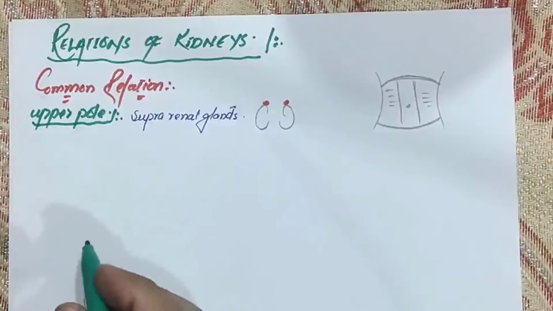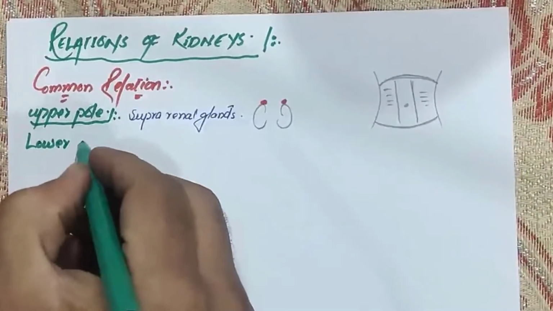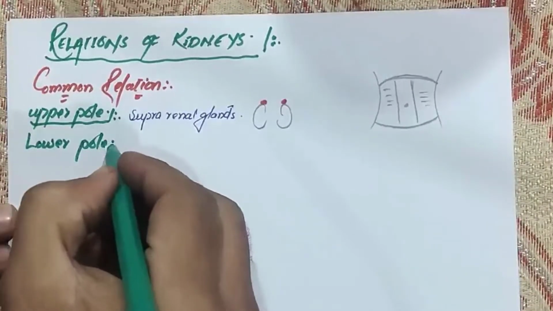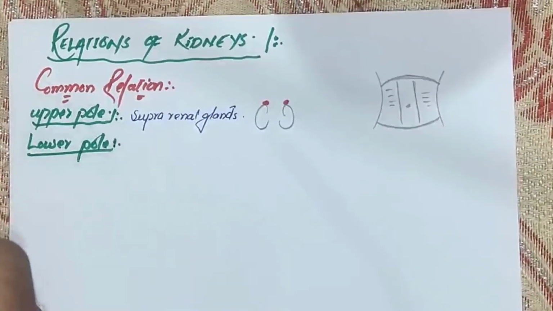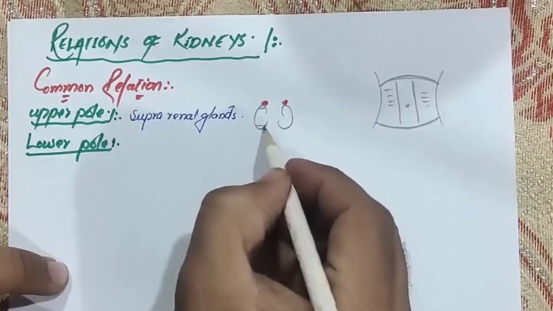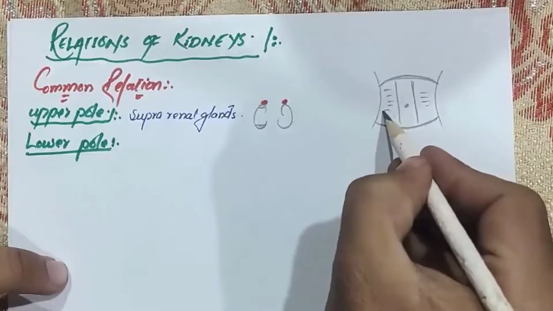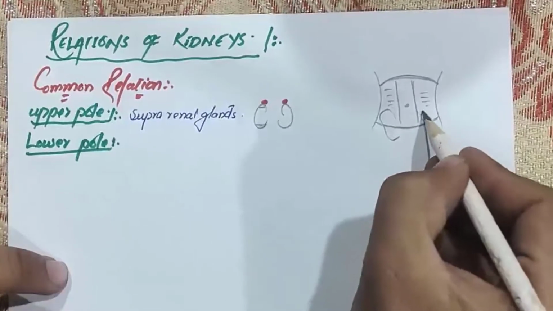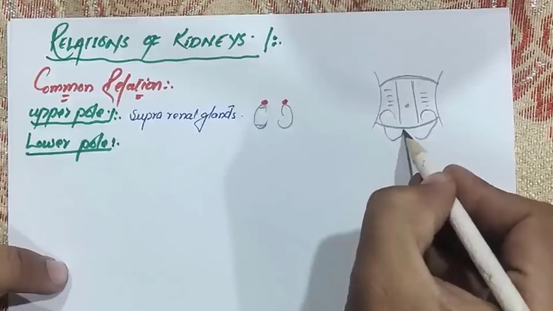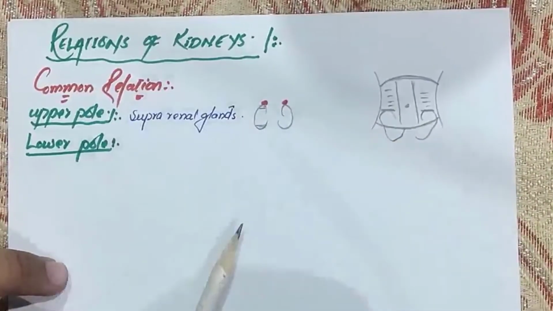Then about the lower pole of the kidney. Kidneys have an upper pole and a lower pole. This is the upper pole of the kidney, this is the lower pole of the kidney. Here is the iliac bone, like this. This is the iliac crest, and this is also the iliac crest.